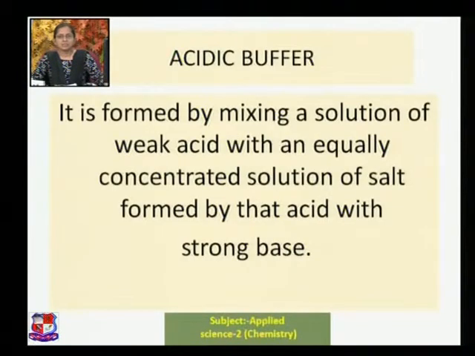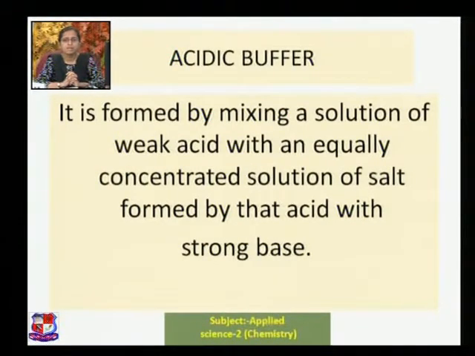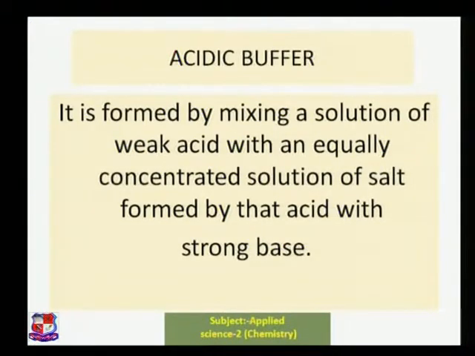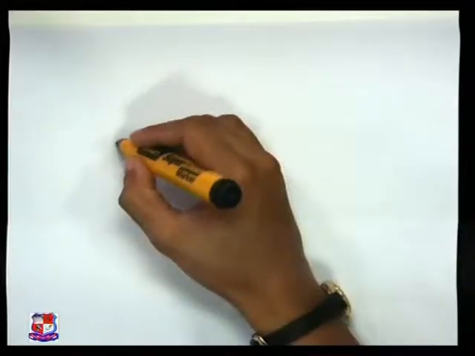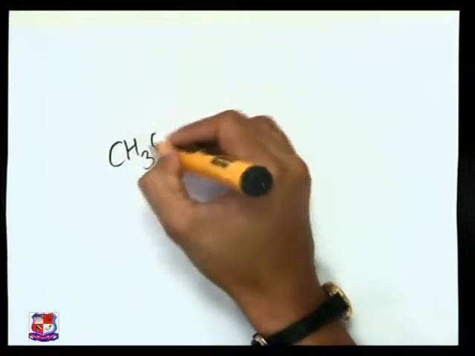Look here, acidic buffer, how is it formed? It is formed by mixing a solution of weak acid with an equally concentrated solution of the salt formed by that acid with a strong base. What does this mean? Suppose you have a weak acid, that is your acetic acid.